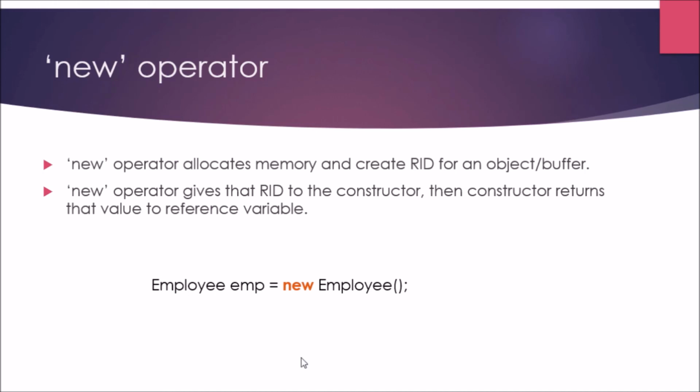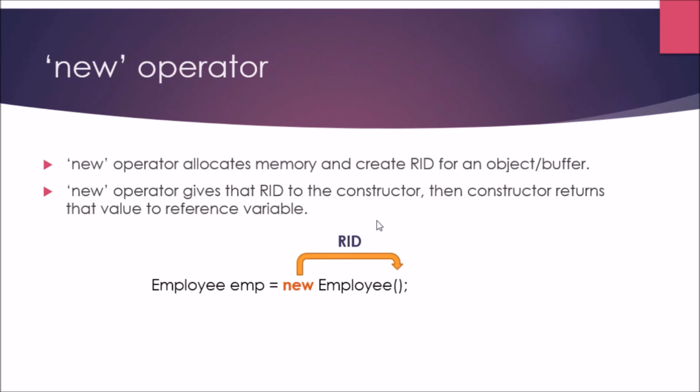Whenever you create an object like Employee emp = new Employee, what the new operator is doing is creating an RID and returning it to the constructor. If you don't know about constructors yet, we will take it up in further tutorials in detail, so don't worry about that.